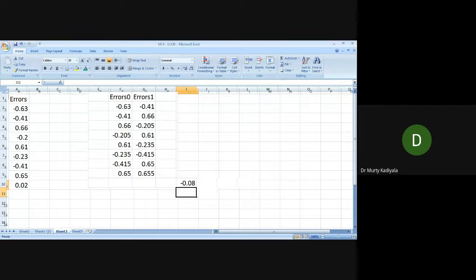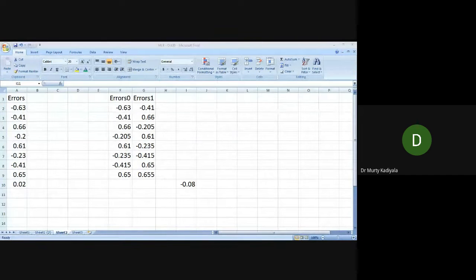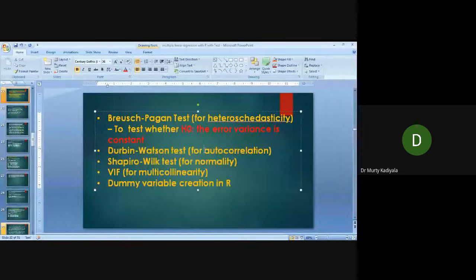Going back to our slide. Whatever correlation we have obtained, that correlation is known as what? Is it not self-correlation? Self means auto.